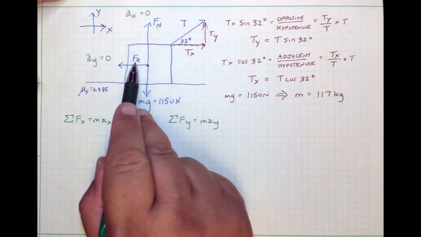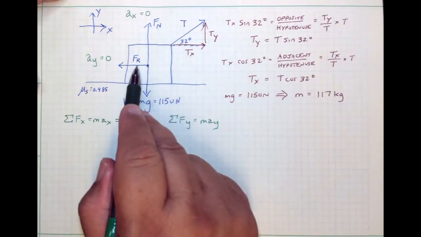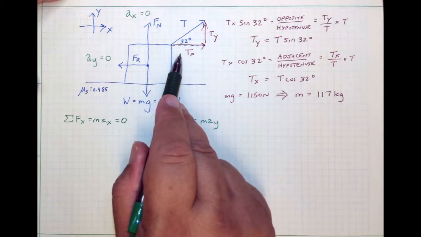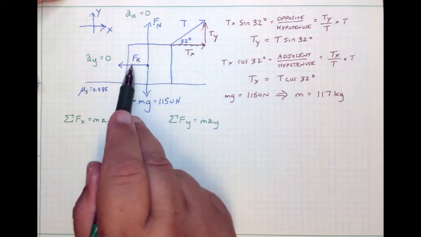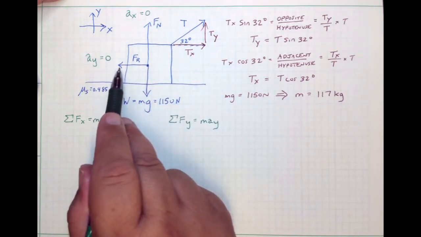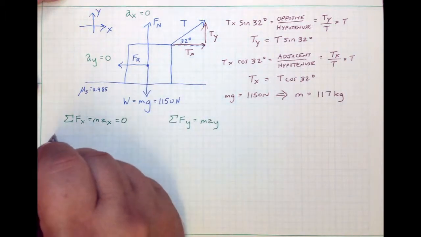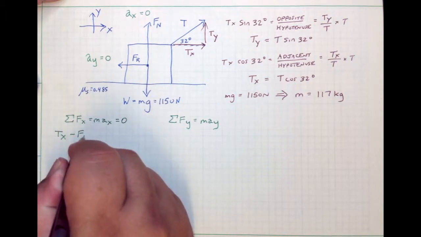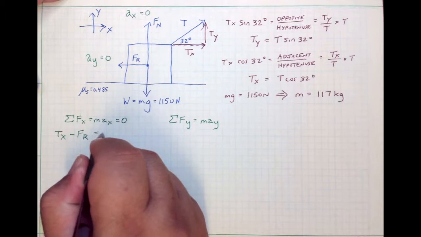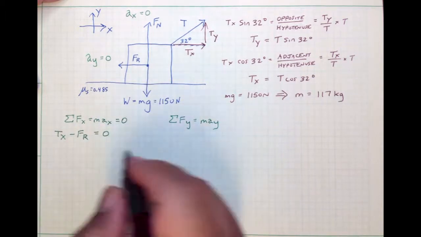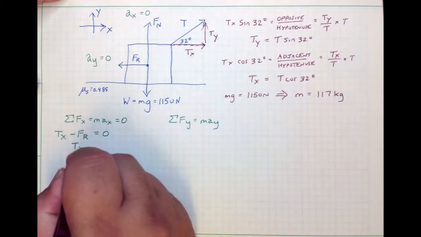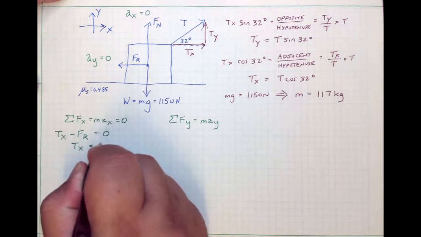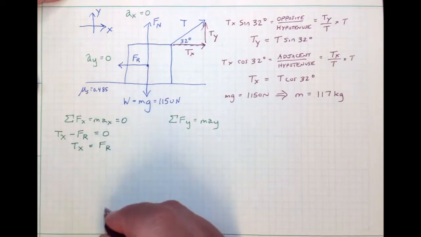We have two forces in the x direction. One, Tx, to the right, positive. The other, the friction force, to the left, negative. So when we go to add up those forces, we see that Tx is positive and the friction force is negative, and they must add up to 0. This can only be true if the friction force is equal to the x component of the tension.